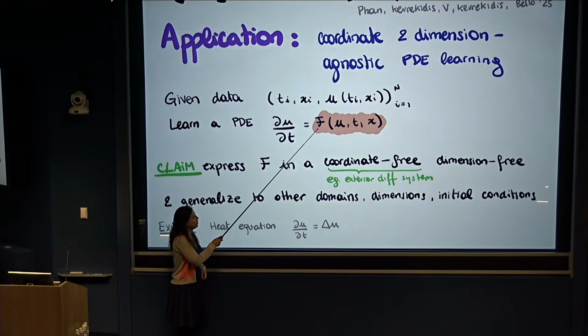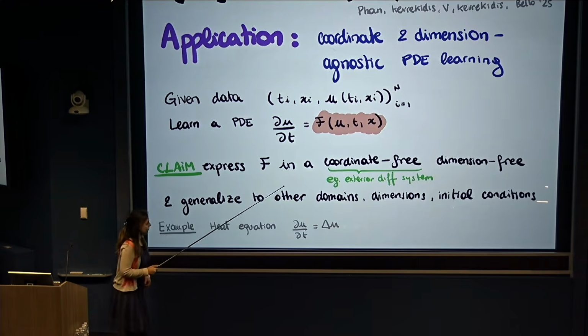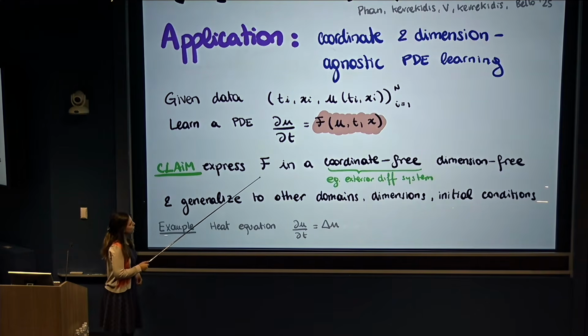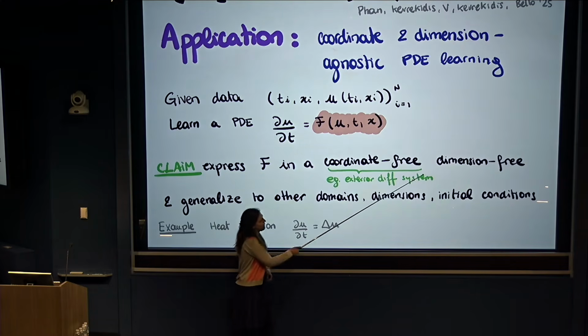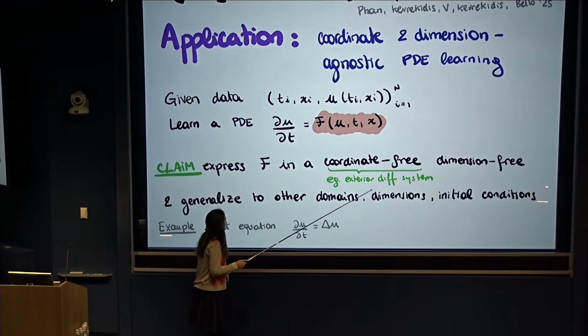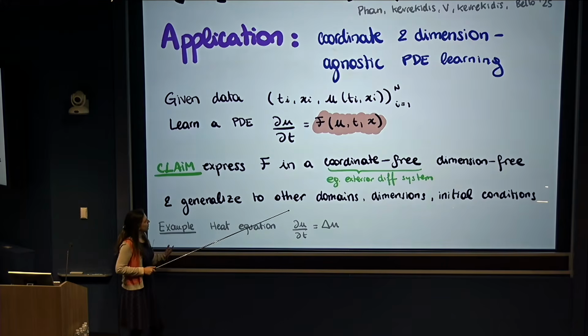So I want to learn the equation from the data, maybe not in a symbolic way, but I just want to learn this function. I want to learn this function in a way that is coordinate-free and dimension-free, and I want it to generalize to other domains with other dimensions and other initial conditions.